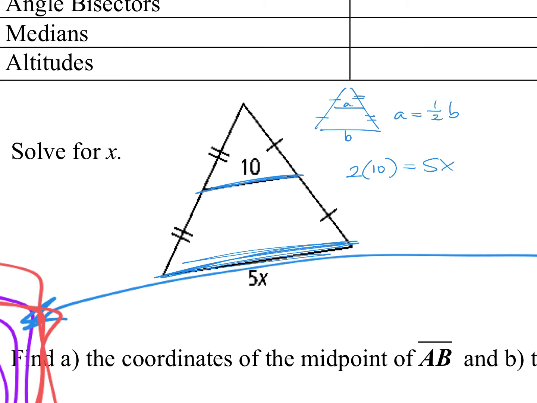Do 5x and 10 look like the same length? No. So don't set them equal. They're not the same. You have to think, okay, what do I have to do? Well, if I make this one longer, if I double it, it will equal the 5x. So 2 times 10 is equal to 5x. So 20 equals 5x. Divide by 5. So x is going to be 4 for that.